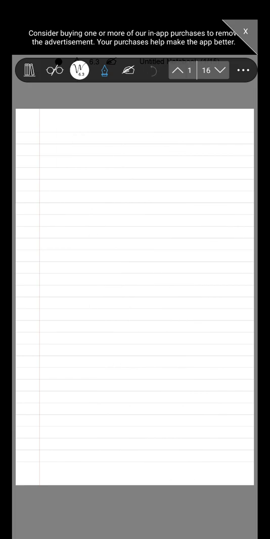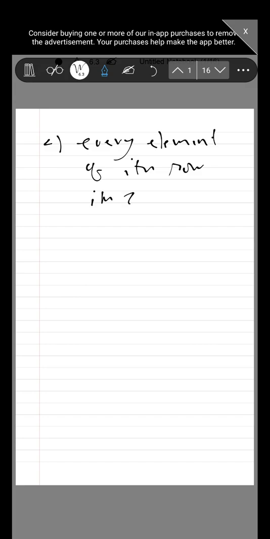The second type of elementary transformation is when we multiply every element of the ith row or the jth column by a scalar. Let's take the same example.